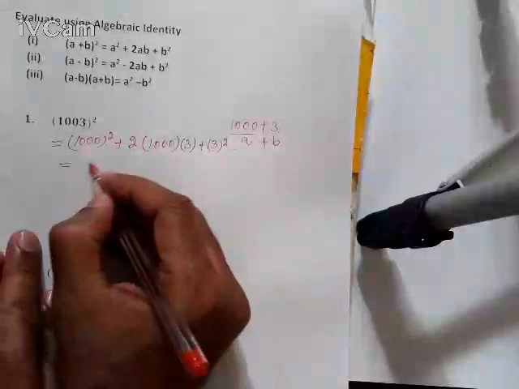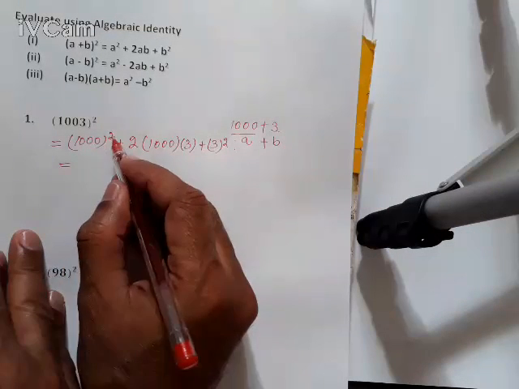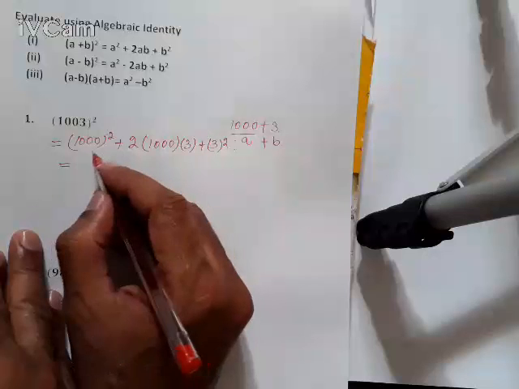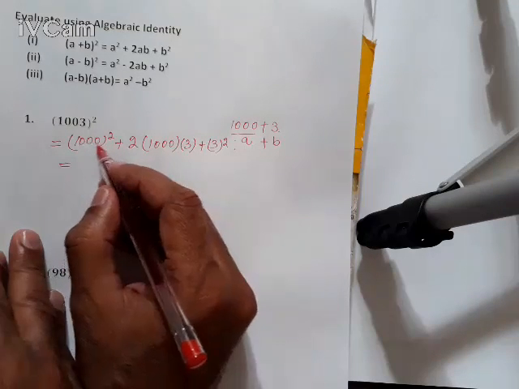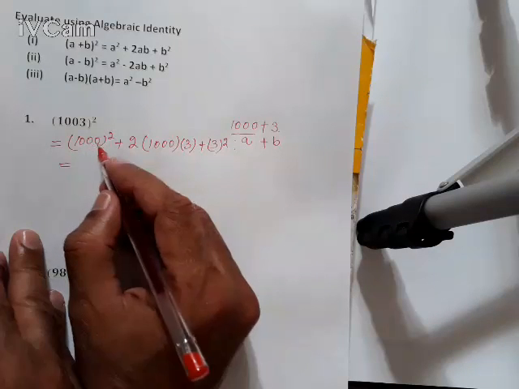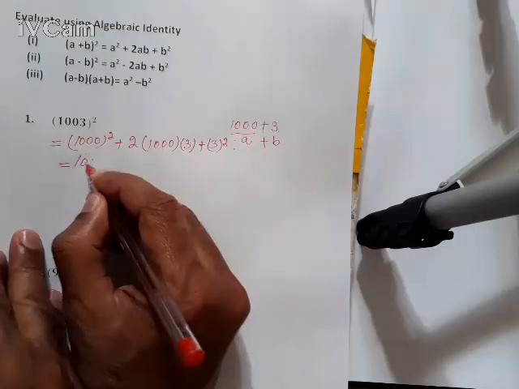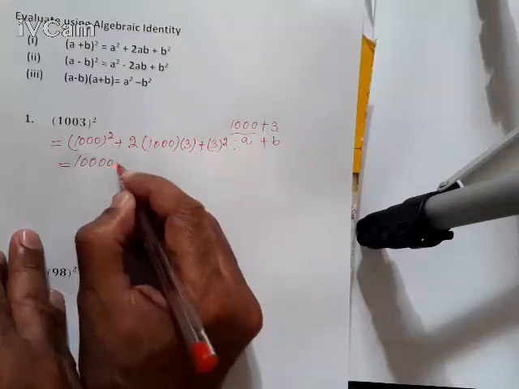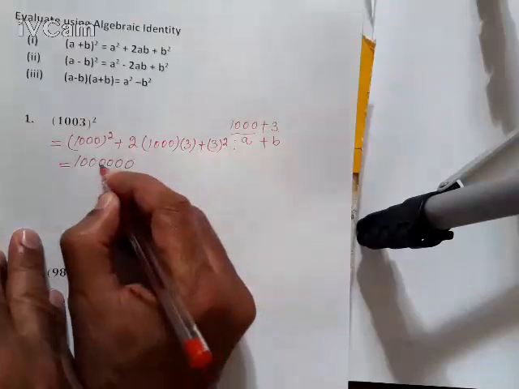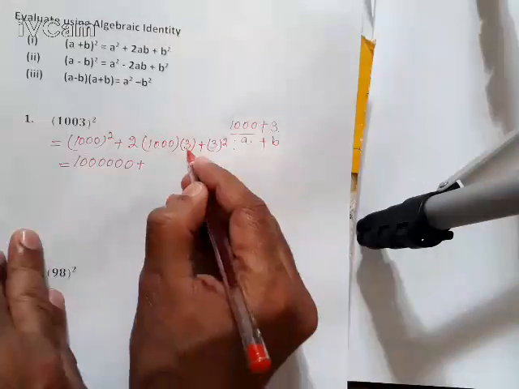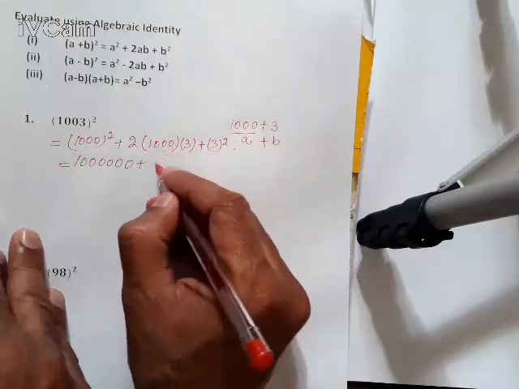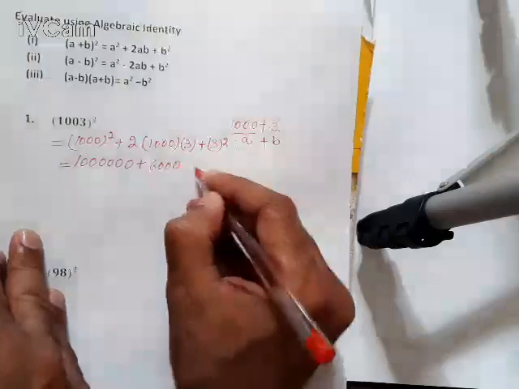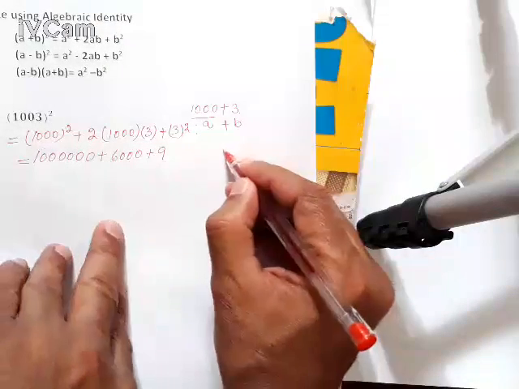Now we have to take the square of 1000, and when you take the square of 1000, that means you double these values. So inside it has 3 zeros, so after multiplication that's 6 zeros. So 1 2 3 4 5 6 zeros, plus 3 twos are 6 into 1000 is 6000, then 3 threes are 9. So add vertical wise all these values.